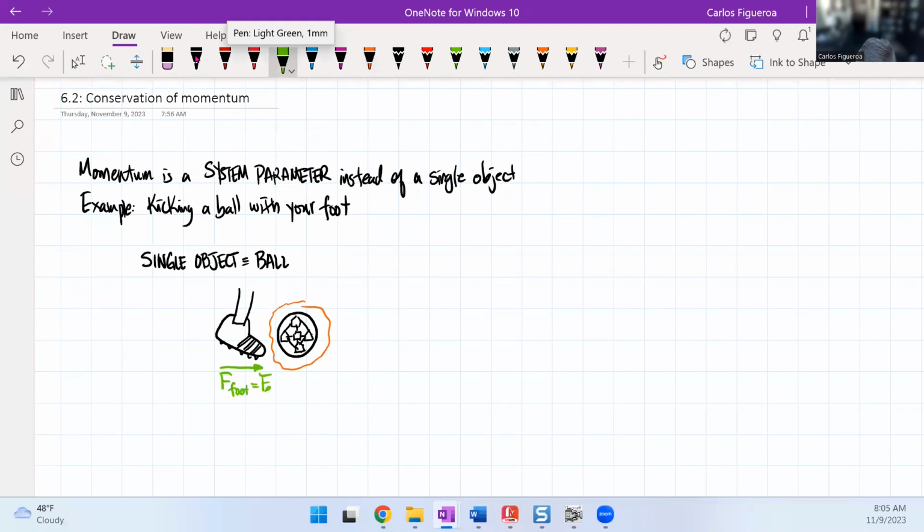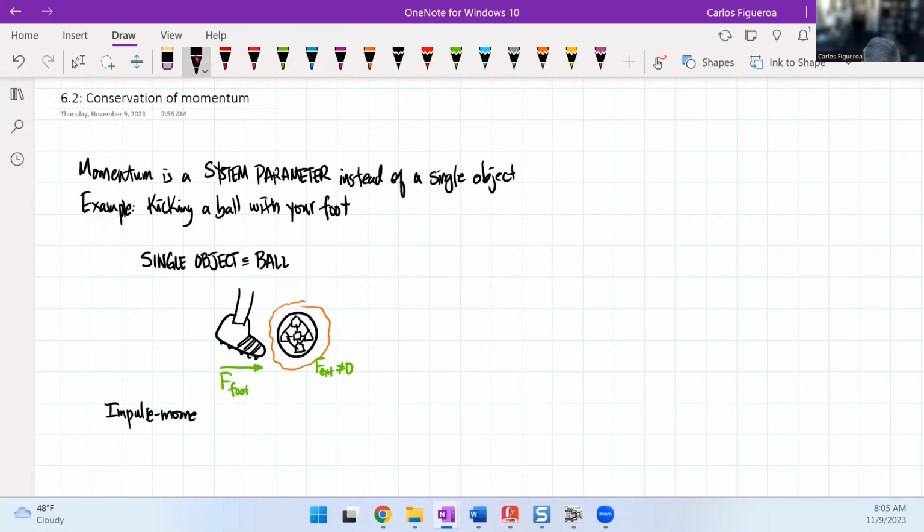And this force is external to the ball. Oh, wait. Let me be careful. That's just the force of the foot. But because the foot is external to the ball system, the ball experiences an external force that's not equal to zero.